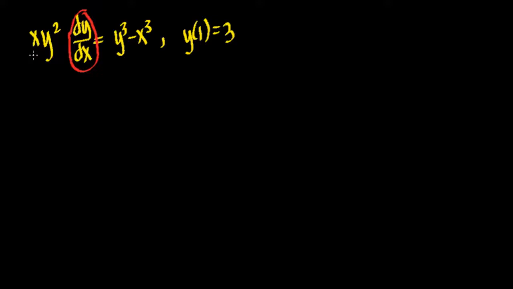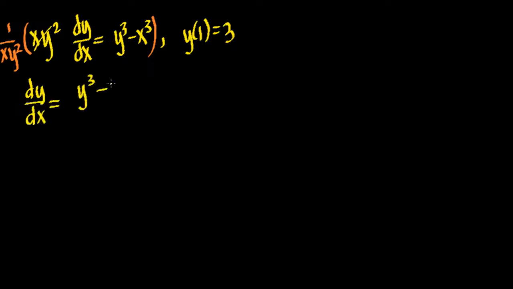So we have dy over dx in this form, and the coefficient of dy over dx is just one term, so we'll divide that from both sides of the equation. We'll multiply by 1 over x y squared so that we can cancel x y squared on our left-hand side, and we're left with dy over dx is equal to y cubed minus x cubed all over x y squared.